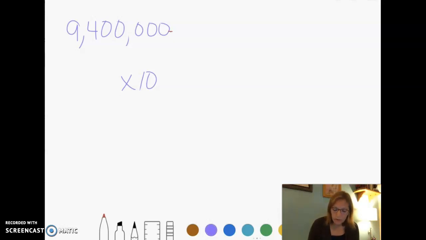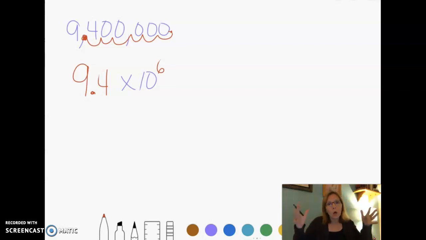This is where it's sitting right now, invisible. And I need to put it here to form a number between 1 and 10. All right, and 9.4 is between 1 and 10. So now I'm going to count how many times my decimal moved. 1, 2, 3, 4, 5, 6. Positive 6 because I had a large number to start with.